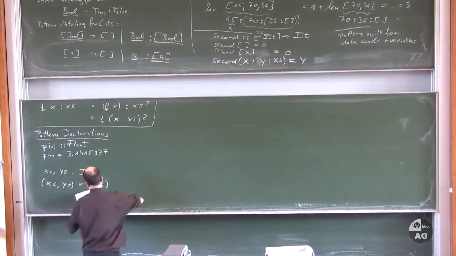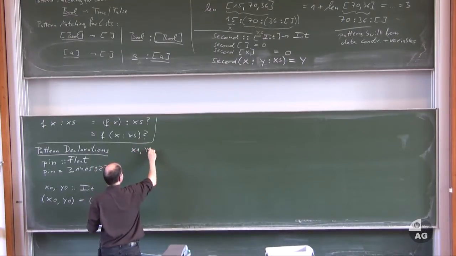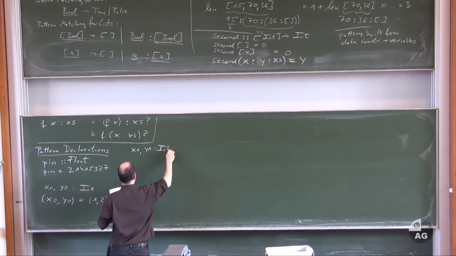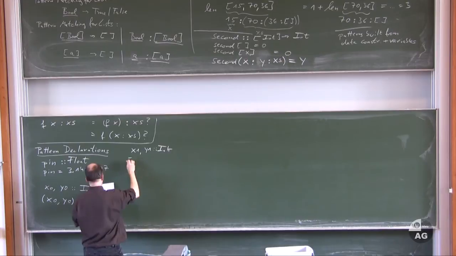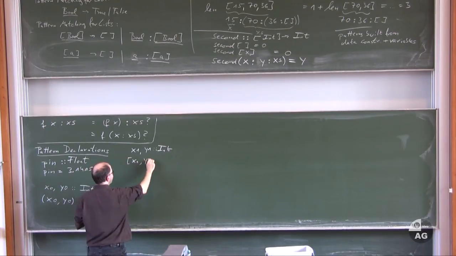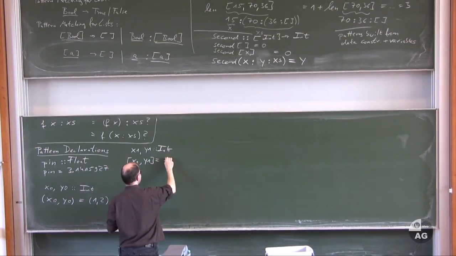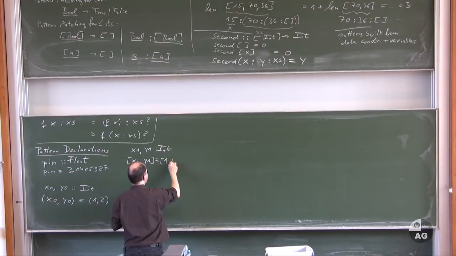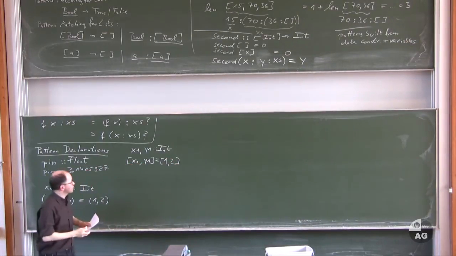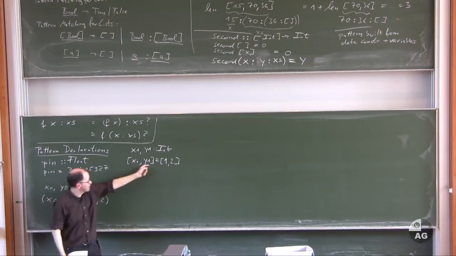And, well, we can also do declarations like this. We could also say x1 and y1 are both integers, and x1, comma, y1 is the list 1, 2. So this would also have the effect that this list is now considered to be this list. And this is, again, a pattern.